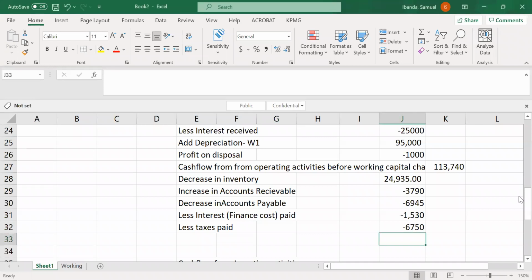So after you've adjusted, because we've adjusted working capital, we've also adjusted interest and taxes paid, you should be able to get your cash flows from operating activities, or what you can call total cash flows, just like the way we saw here. Remember what we talked about here.